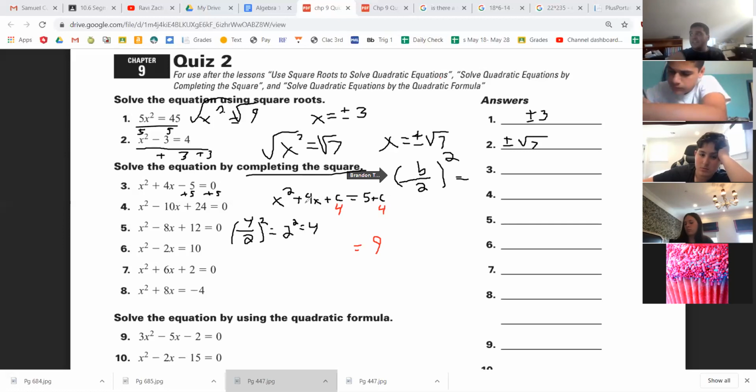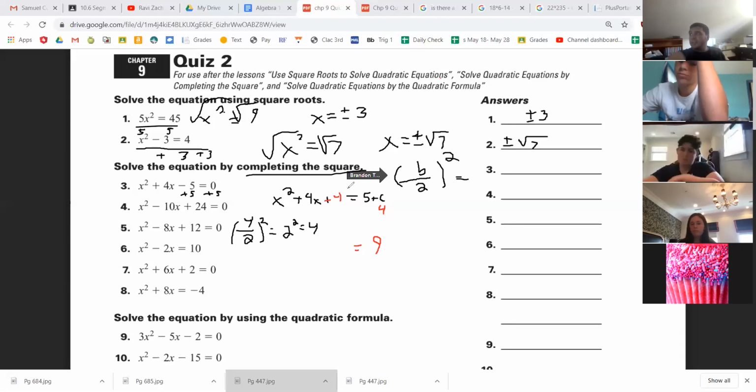Now, on the left side, though, you have x squared plus 4x plus 4. Now, you could do the long way and say, oh, c is 4 and b is 4. What multiplies to 4 and adds to 4?